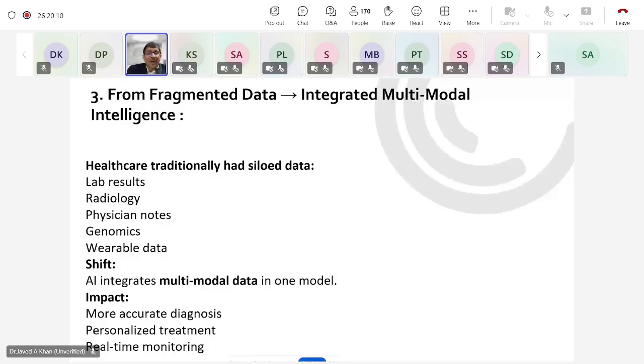Here, we can get a more accurate diagnosis, personalized treatment, and real-time monitoring of the healthcare system through AI and machine learning algorithms. So this one is the third shift of the healthcare systems.